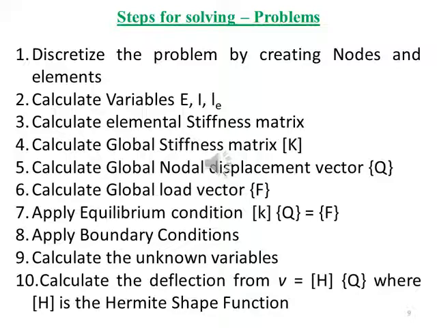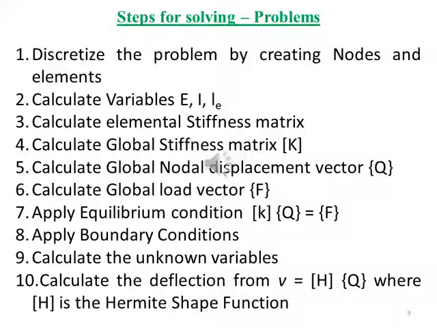Next, calculate the elemental stiffness matrix K using the formula. Next, add the elemental stiffness matrices to get the global stiffness matrix capital K. So capital K will be K1 plus K2 plus K3, whatever it is. How many elemental stiffness matrices are there? You have to add up all those things to get the global stiffness matrix.